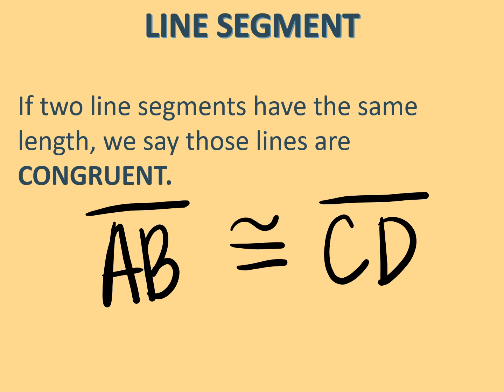If those 2 line segments have the same length, we say AB is congruent to CD. This symbol in the middle is an equal sign with a little tilde above it. You read that as is congruent to.